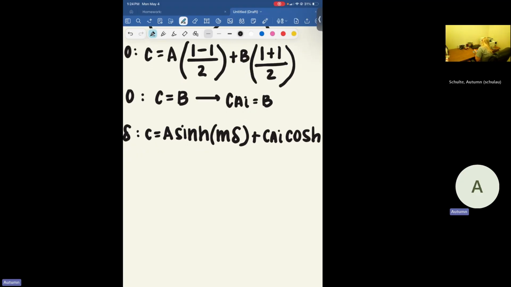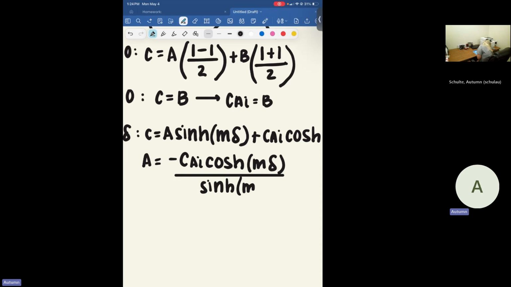So now if we want to solve for A here, this is saying that A is equal to the negative concentration at that interface multiplied by the hyperbolic cosine of m delta divided by the hyperbolic sine of m delta.